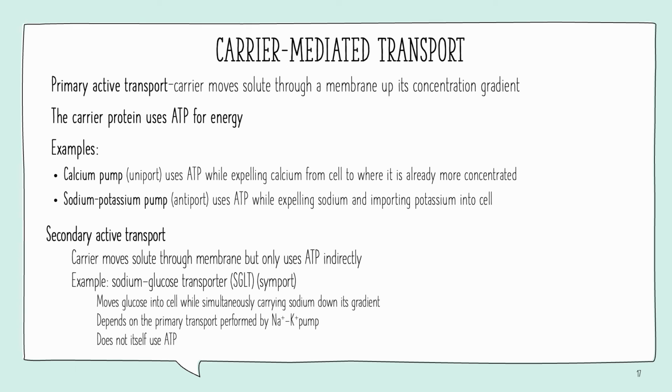Carrier-mediated transport. Primary active transport. The carrier moves the solute through the membrane up its concentration gradient. The carrier protein uses ATP for energy. Examples would be the sodium-potassium pump and the calcium pump.